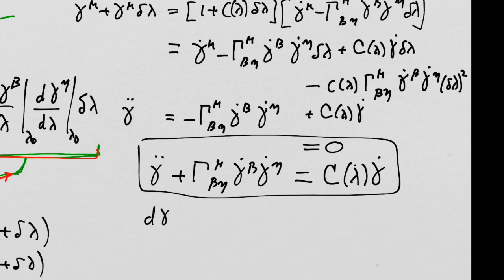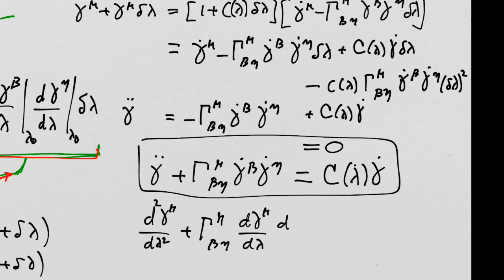if that's going to be the case, then this curve must satisfy this differential equation, which, just to make contact with the way we've been writing this, is gamma mu beta eta, d gamma beta d lambda, d gamma eta d lambda, equals some unknown constant C. This is not a lambda dot here.